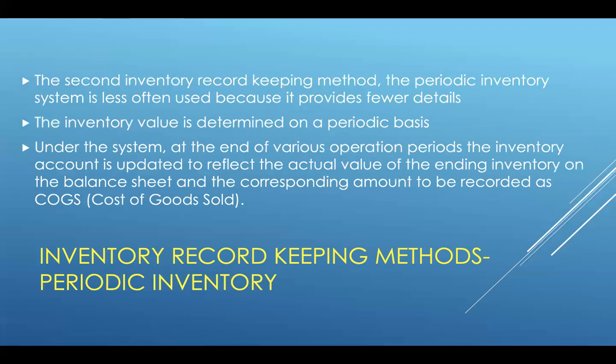The second inventory record keeping method is the periodic inventory system, which is less often used because it provides fewer details. The inventory value is determined on a periodic basis. And that cycle inventory I told you about kind of equates to perpetual inventory because we are still keeping it in real time. All our pharmacy systems either have an Icon counting machine or a ScriptPro, and those both interface with our pharmacy inventory system.